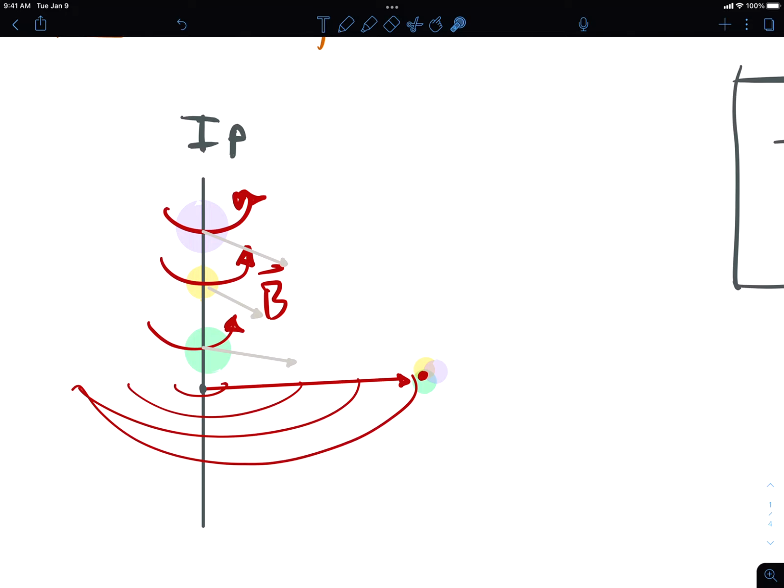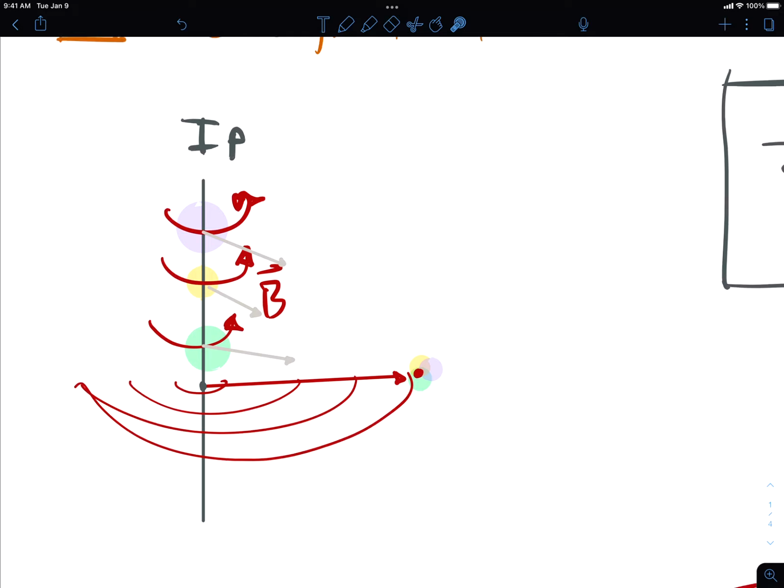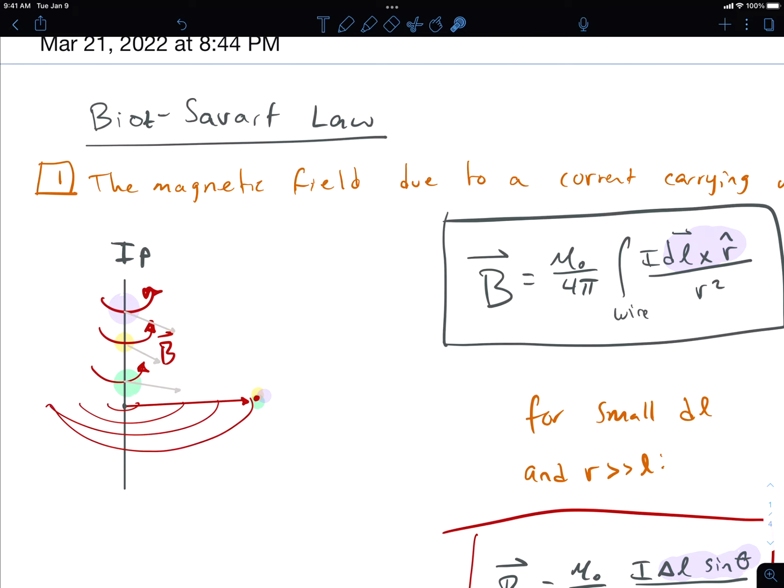Okay, sorry, just trying to point them all towards this point. They are all going to create some contribution. So the integral here is just saying, once you find the contribution from one very tiny segment of wire, you're going to integrate over all of them and add them all up together, right? But this can be a little bit tricky for us to do throughout our entire length of wire.